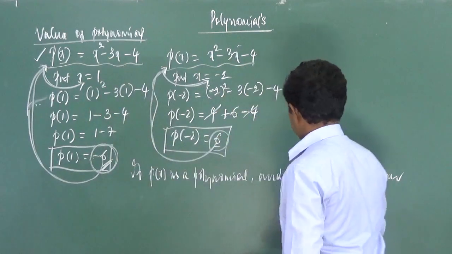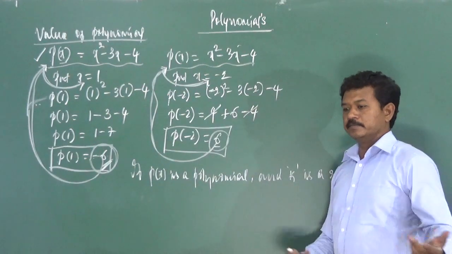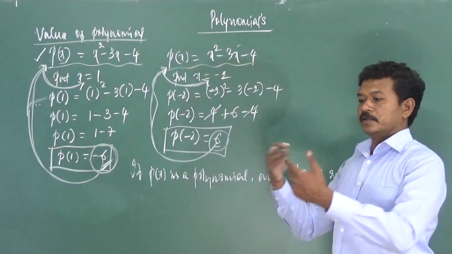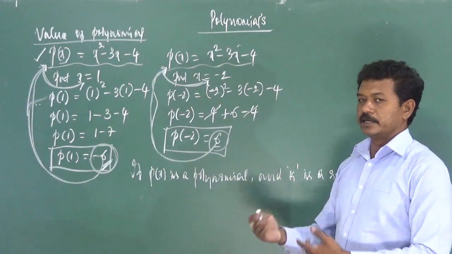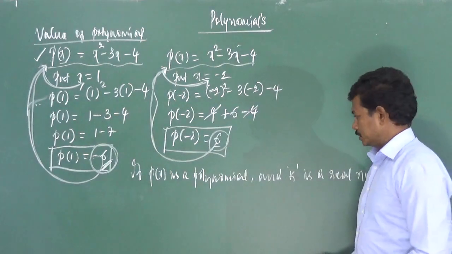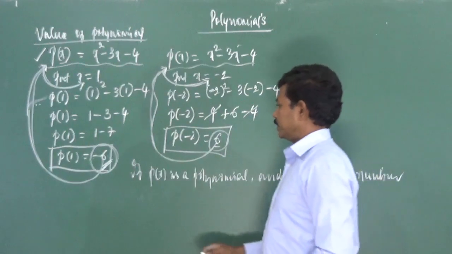So k is a real number, so it can be anything, any value you can take. Real numbers are a huge combination of all rational numbers and all irrational numbers taken together. You have studied this in your 9th standard classes. So k is any real number, any number you can take.